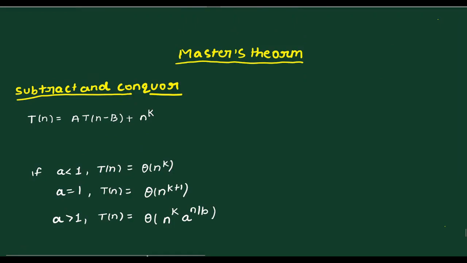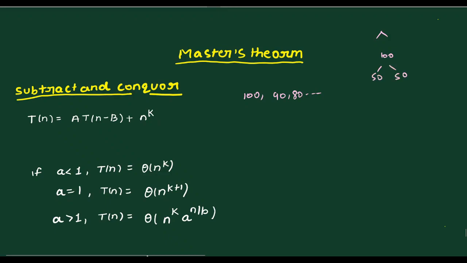So now let us look at Master's theorem for subtract and conquer. The previous one was divide and conquer, right? In the last one we were dividing the problem into subparts. Similarly in this one we are subtracting from the problem. That is, if our problem size is 100, maybe we'll make it 90 and then 80 and so on. Last time we were making it like 50 and 50, right?